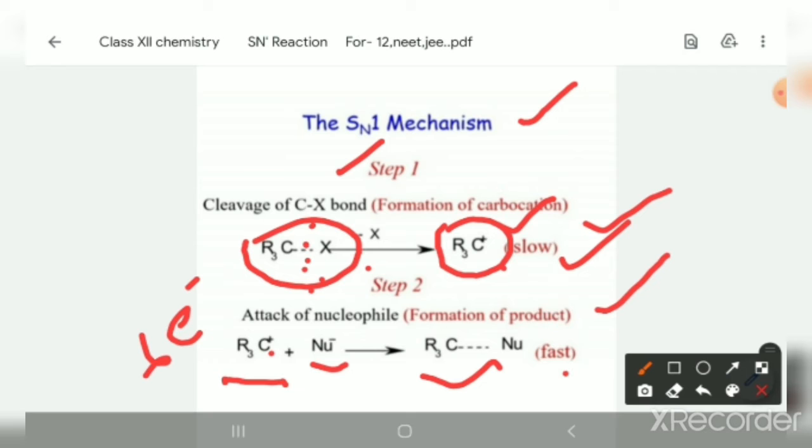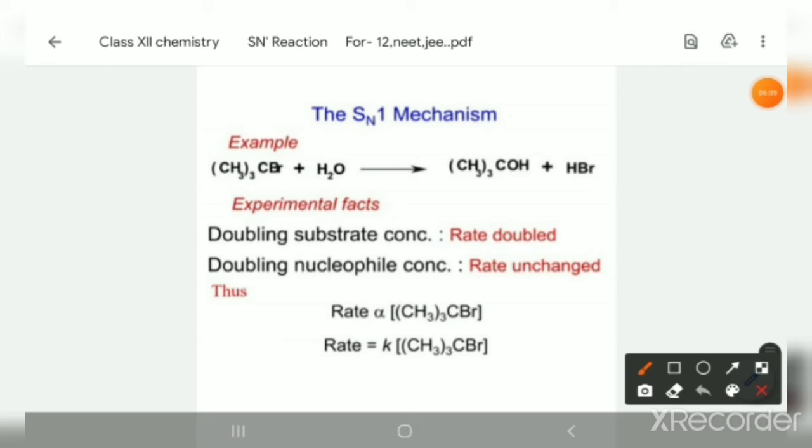This takes place very fast. See here, SN1 mechanism, an example: this is a tertiary alkyl halide and this is water, which produces the nucleophile and forms this alcohol and HBr.